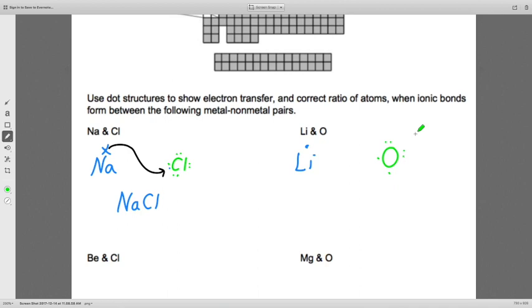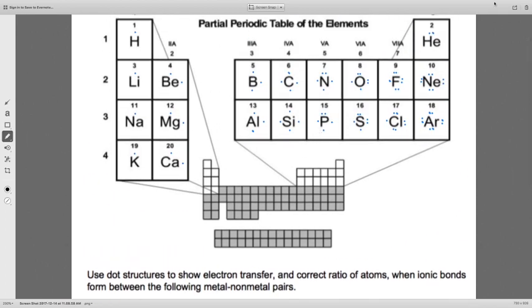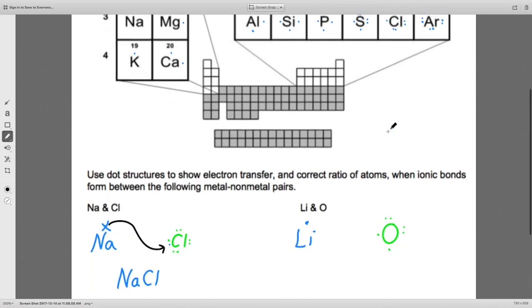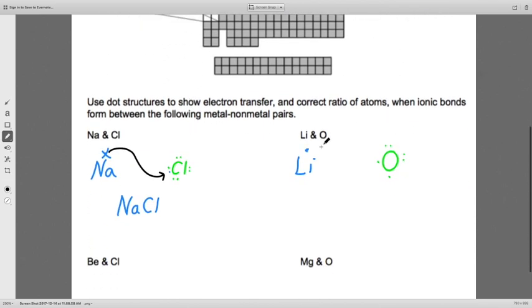So if we think about how the electron transfer will happen, lithium has just this lone valence electron that it would like to transfer away so that it can drop down in its configuration to be equivalent to helium. So lithium would love to get rid of this electron and send it over to oxygen.